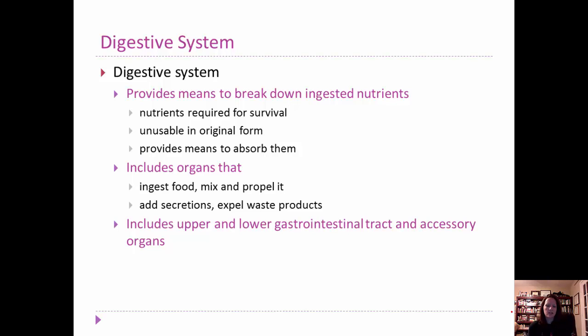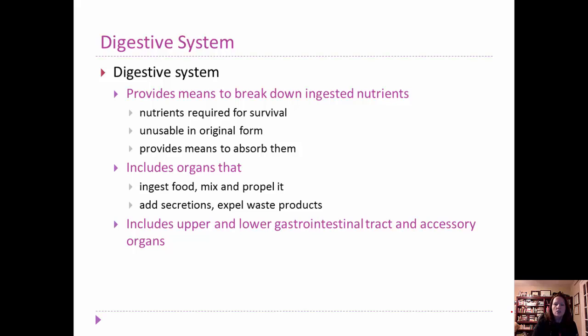So the organs that are going to make up the digestive system are going to be there for helping ingest the food, break it down, mix it up. They're going to secrete different secretions like enzymes, and then after all is said and done, after all absorption has happened, we are going to get rid of the waste products.